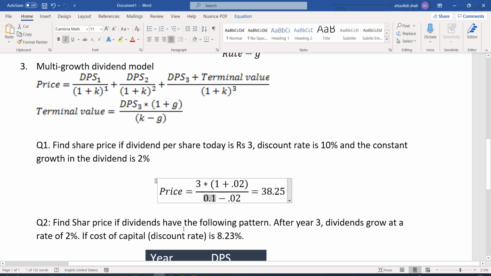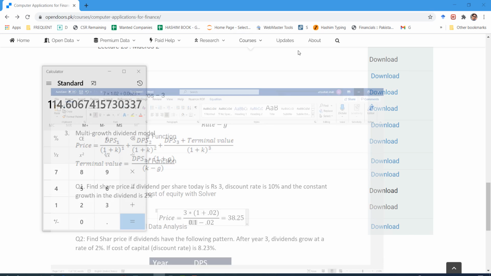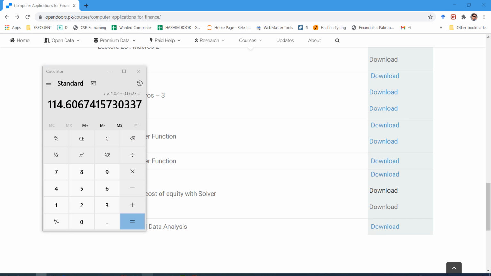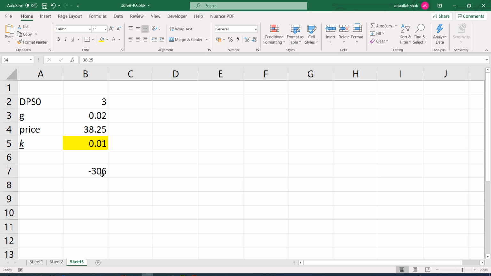So how do we find it? Now in the Excel solver, what we shall do is to equate the objective cell, this cell, to the share price 38.25. So the result from this cell should be equal to 38.25. And what will be our changing cell? We keep on changing the K, that is the unknown, the cost of equity.